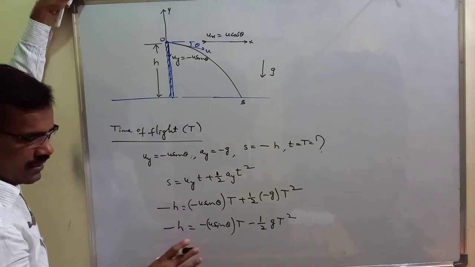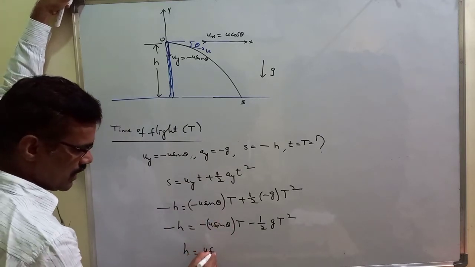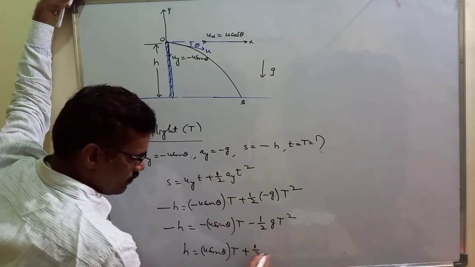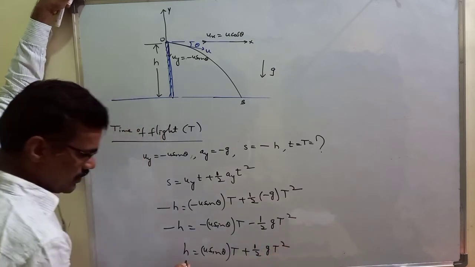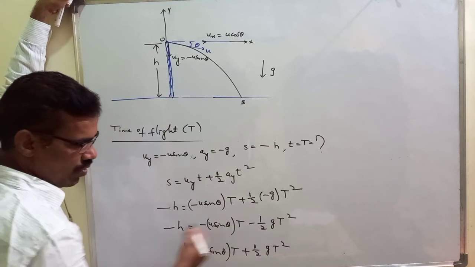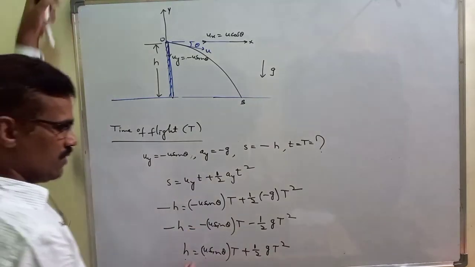The minus cancels, so h is equal to u sin theta t plus half g t square. Here h is a known value, u known, theta known. We get a quadratic equation in terms of capital T.